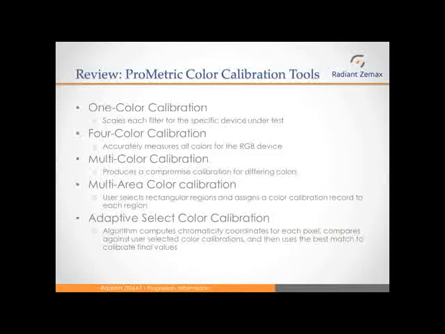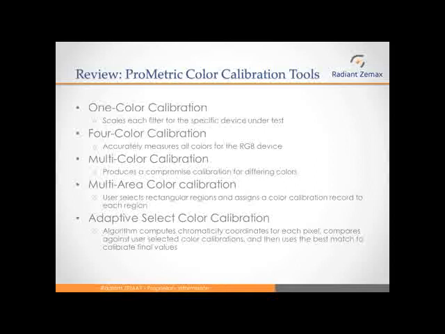All right, a quick review here of the ProMetric color calibration tools. We have a one-color calibration, which is for a specific spectrum coming from a device under test. We have a four-color calibration. This is for RGB devices. We have a multi-color calibration, which is for varying shades of one color.